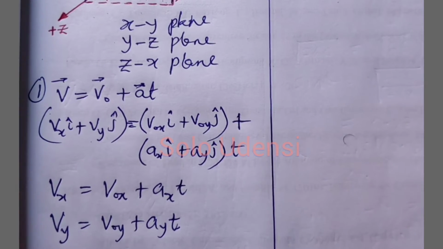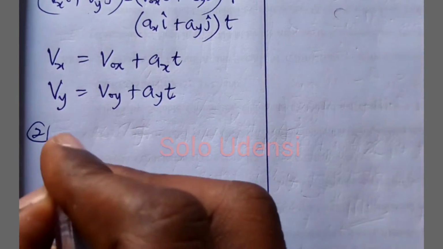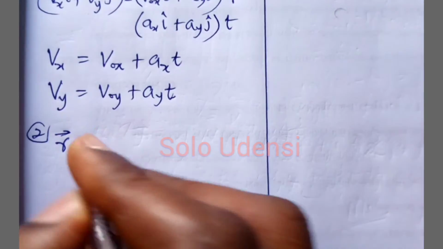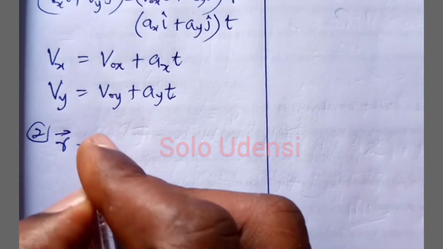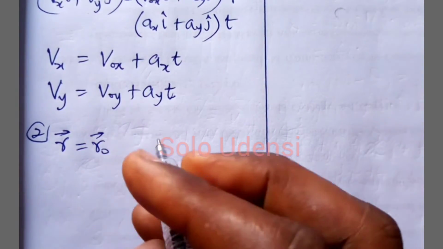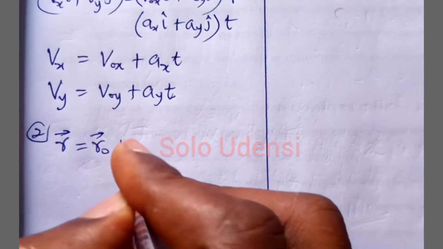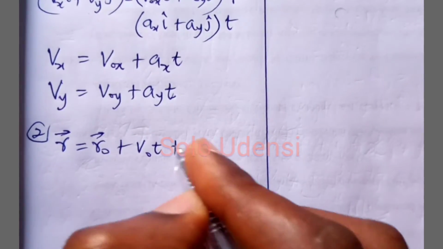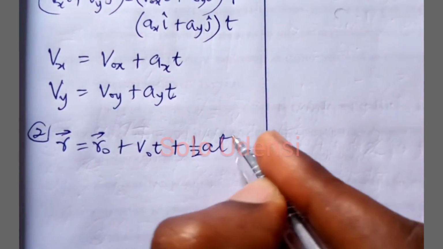For the second one, let's use the formula r, the position vector, is equal to the initial position vector, which we can assume to be 0, plus v0 t plus half a t squared.